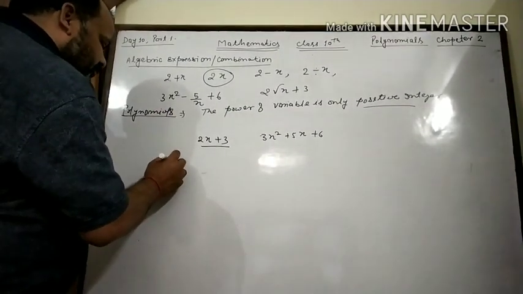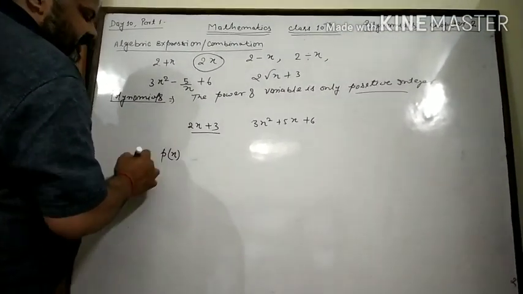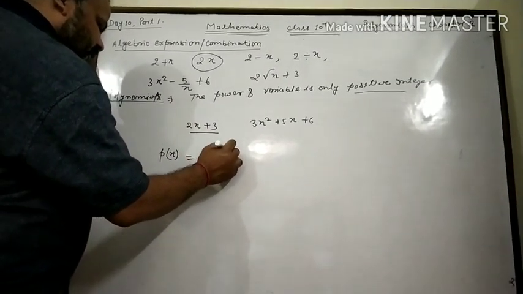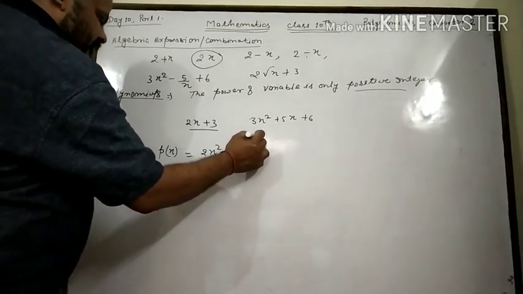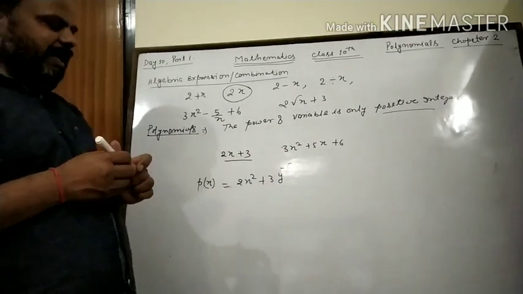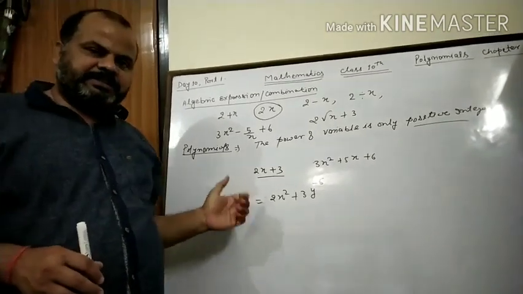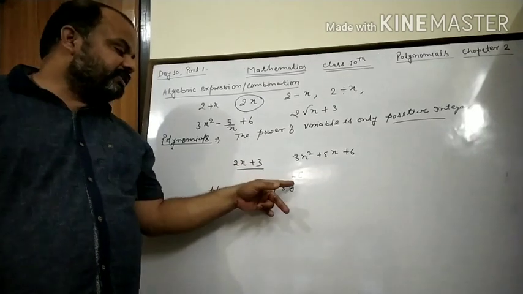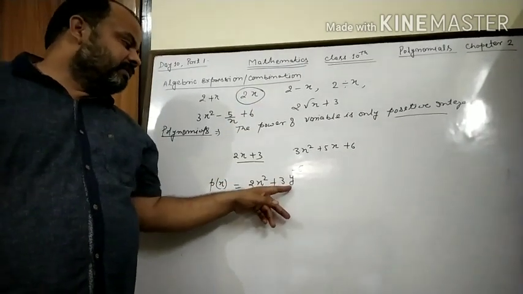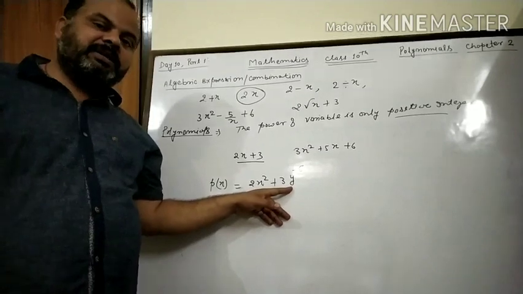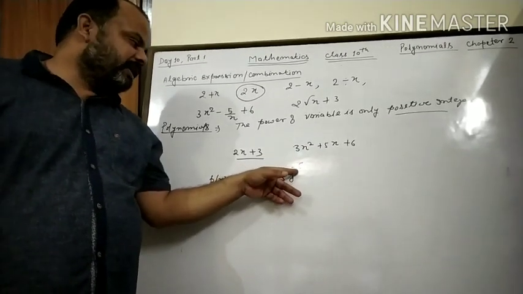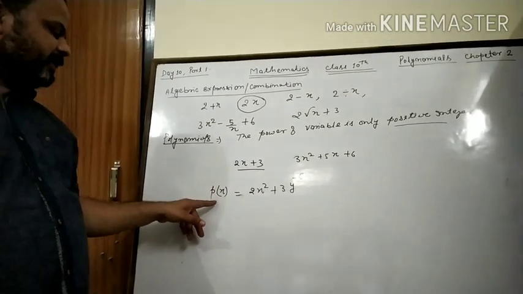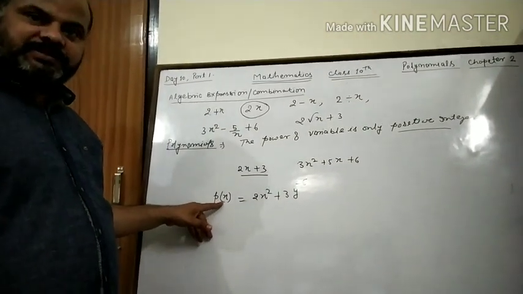See, if an algebraic combination is given in two variables and it is asked in the question, 2x square plus 3y to the power minus 5, is it a polynomial or not? Clear? Then you say it is a polynomial. Why? Because this algebraic expression is in variable x.